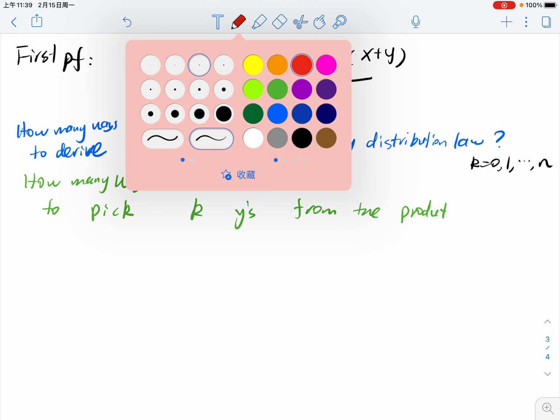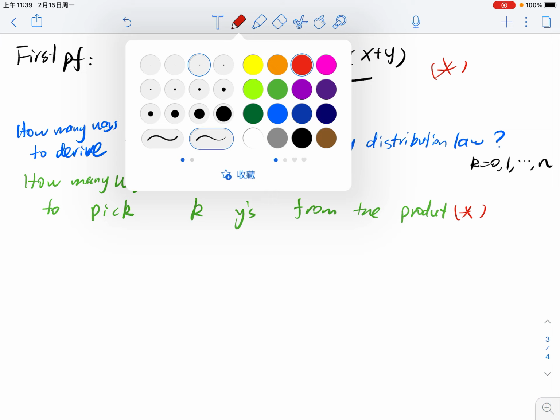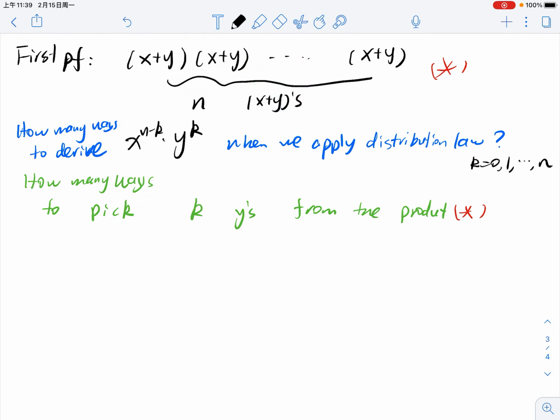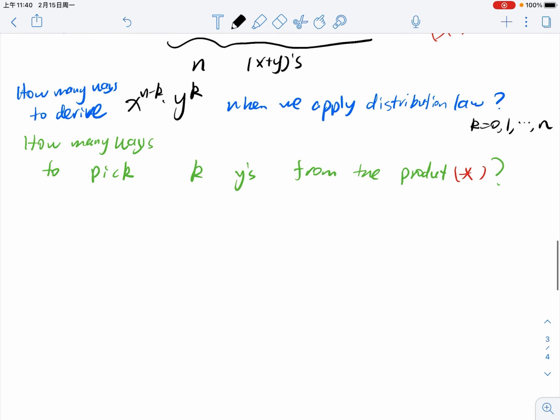Let's call this product star. Okay, then it's easy. It's just n choose k.